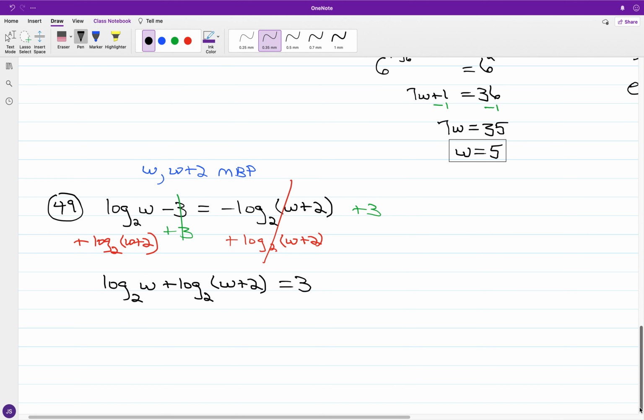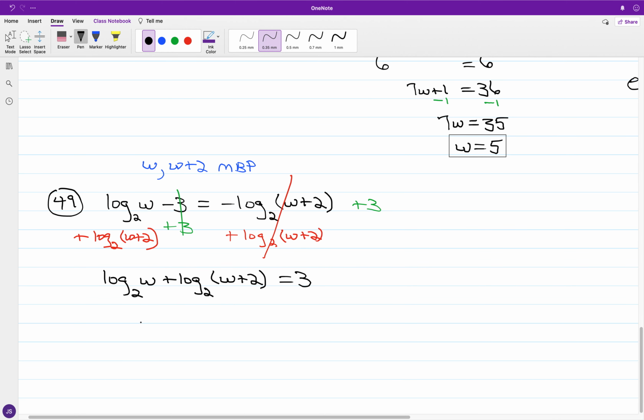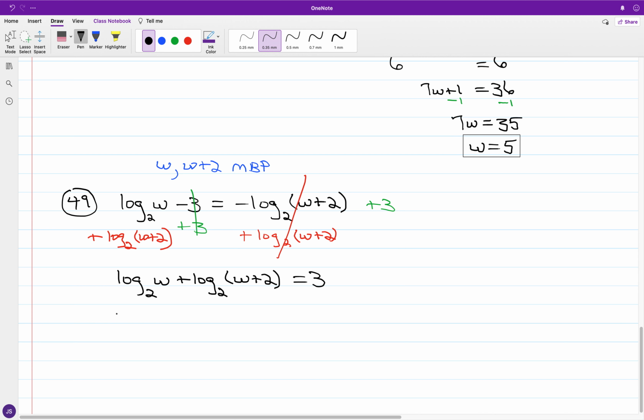Okay, so I have 2 distinct base 2 logarithmic terms, and I can make them into a single term, again, where addition is going to imply multiplication. So we have the base 2 logarithm of w times w plus 2 is equal to 3.